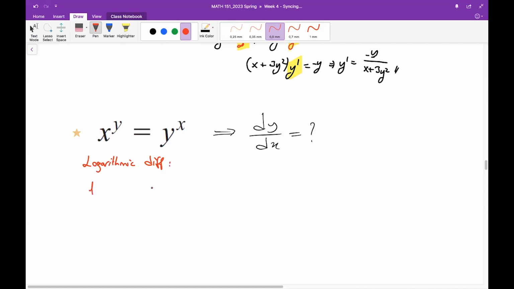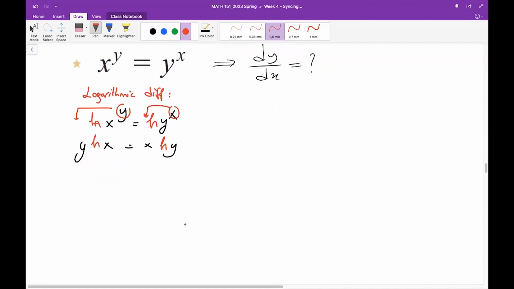So I will take ln of both sides. This is what logarithmic differentiation means. y to the power x. And then I am allowed to take these powers down. So we have x ln y. So we have these two equations.